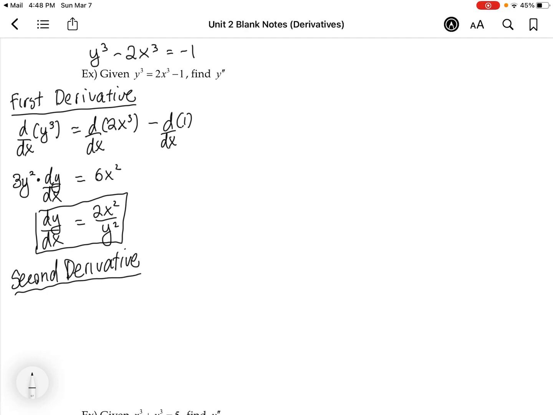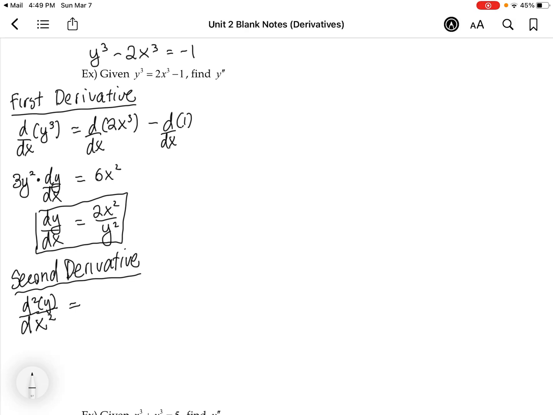By the way, the notation for the second derivative in dy dx notation is d squared y by dx squared. If we took the third derivative, it would be d cubed y by dx cubed, etc. Sorry, I should have mentioned that before I just went into it.